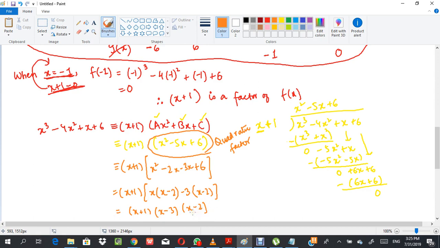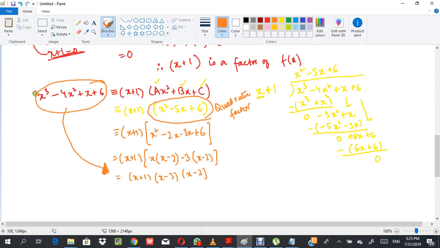Now I have broken this entire thing to this. And the equation that I had to solve was this whole thing is equal to 0.